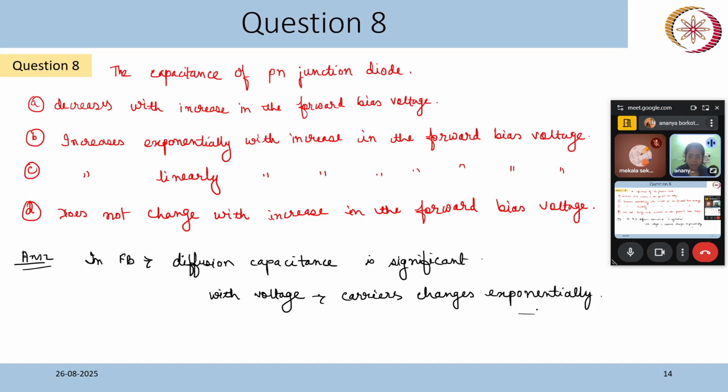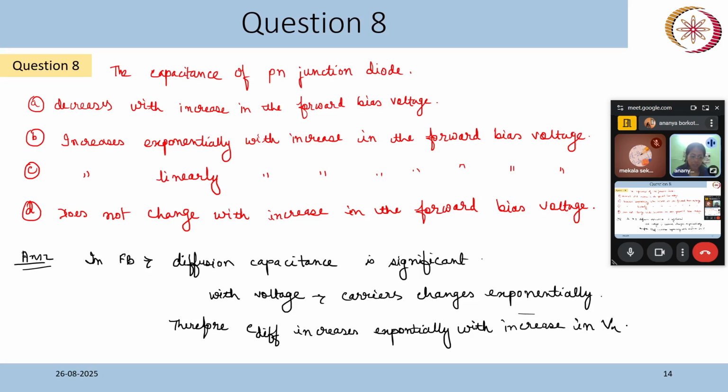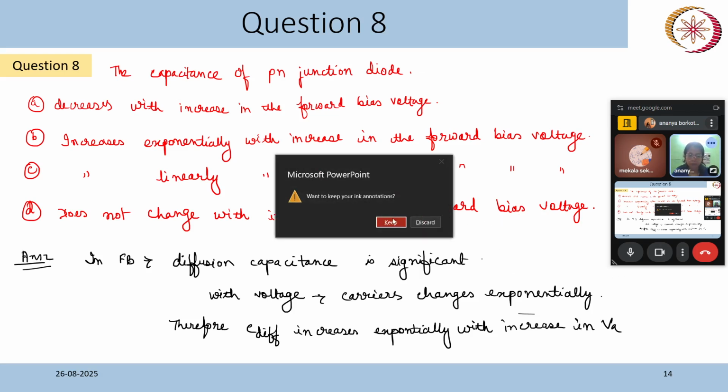These are injected carriers, and therefore C diffusion increases exponentially with increasing VA, that is the forward bias voltage. Okay. I hope this is clear.